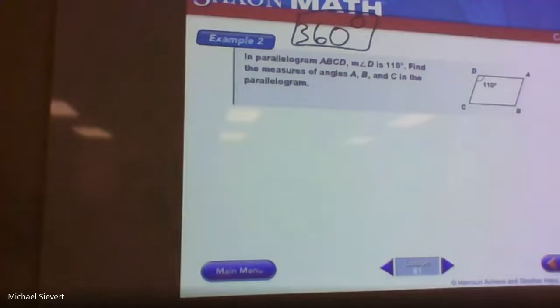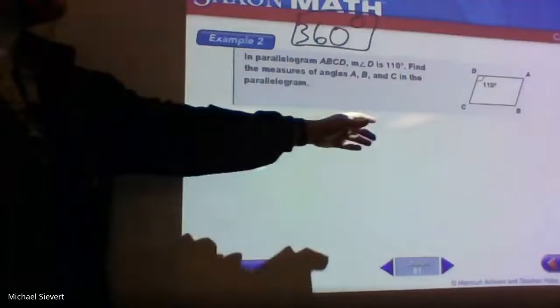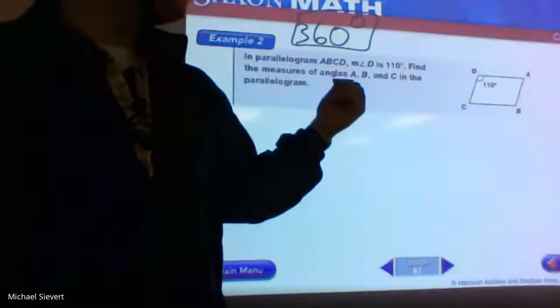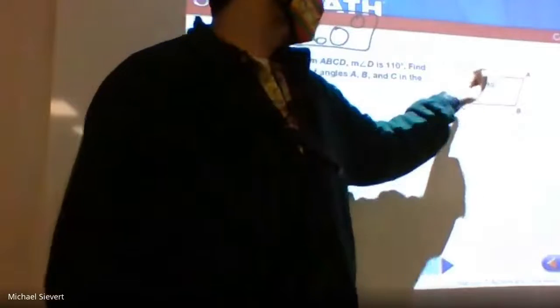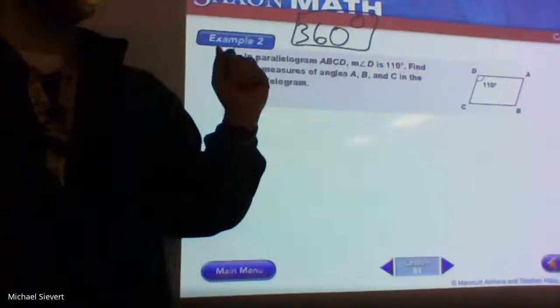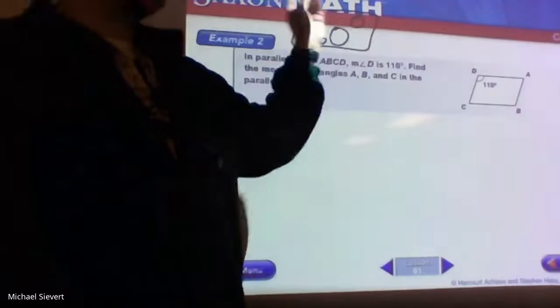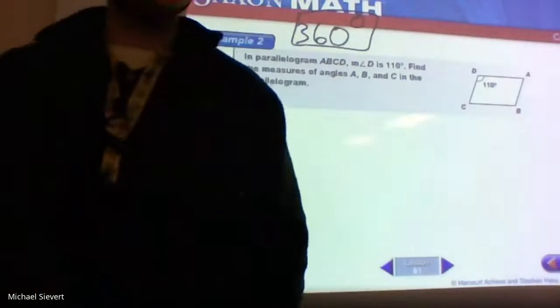If it doesn't, it should equal 360. Which means everything on the inside here, which makes sense, right? Because if you stand in the middle of the classroom, you go all the way around, you just did a 360. Not a 180, not a 90. So that means every single angle from A, B, and C, when you get to the final answer, you should add them all up, and they should equal 360. Capiche?